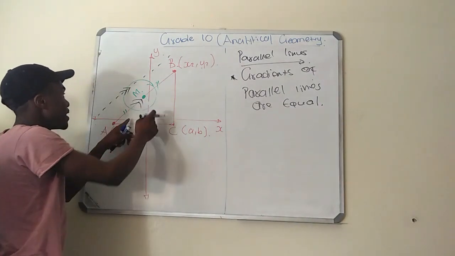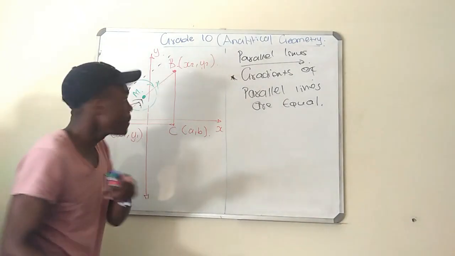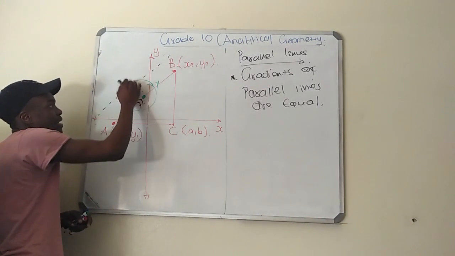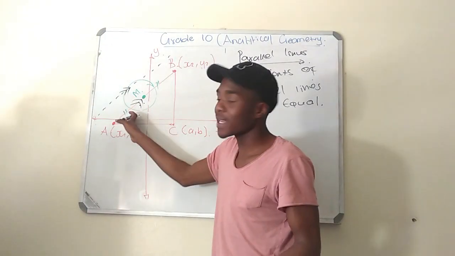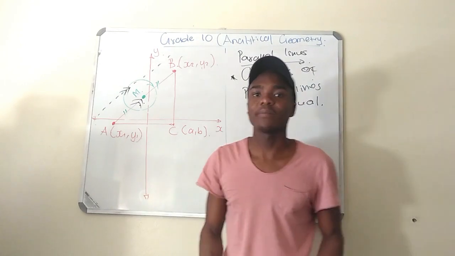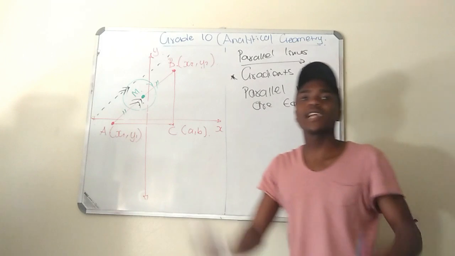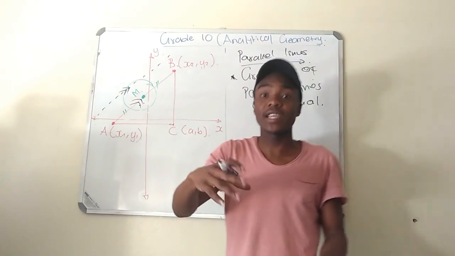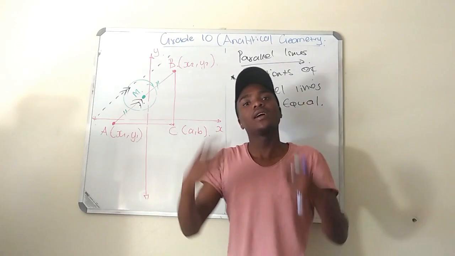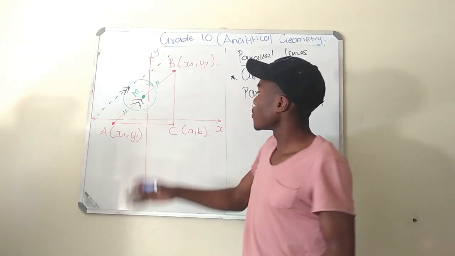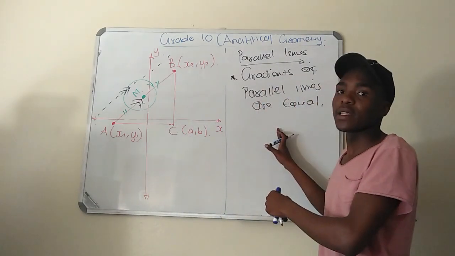But if AB is parallel to this line, it means the gradient of AB is equal to the gradient of this line, which is parallel to AB. So these two lines are parallel, they have the same gradient. Please guys, do not forget this one. It's very, very important. You'll always come across it in questions, especially on parallel or perpendicular lines, when I show you a few examples in the next video.